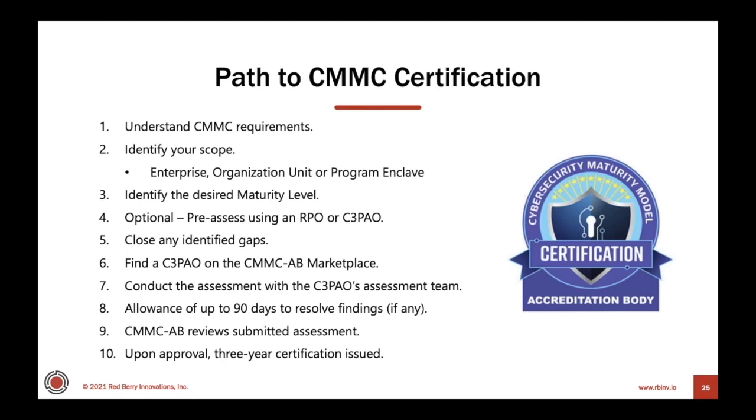Redberry Innovations would be that RPO that would provide a pre-assessment and help you identify gaps in your compliance. Number 5 is close any of those identified gaps. And then find a C3PAO in the CMMC AB marketplace and conduct an assessment with the C3PAO's assessment team. Allow yourself up to 90 days to resolve any findings. The CMMC AB reviews and submits the assessment, and upon approval, a 3-year certification will be issued.